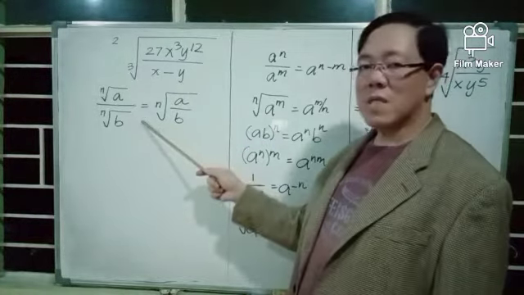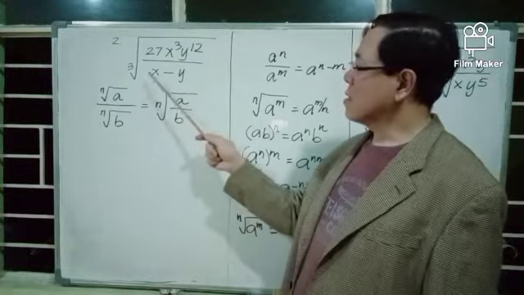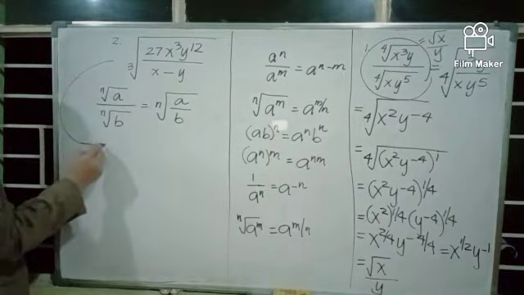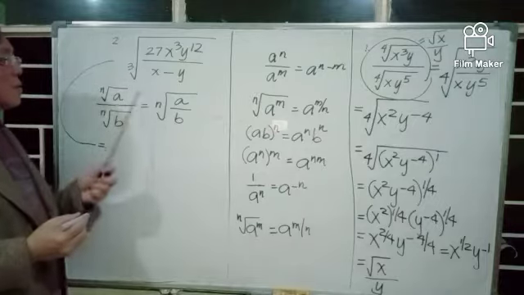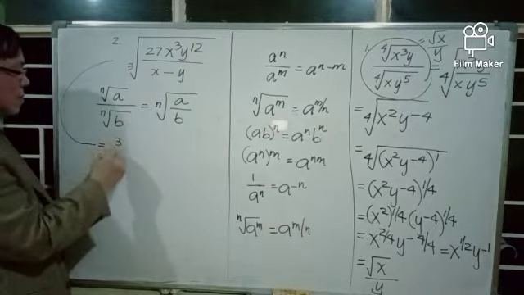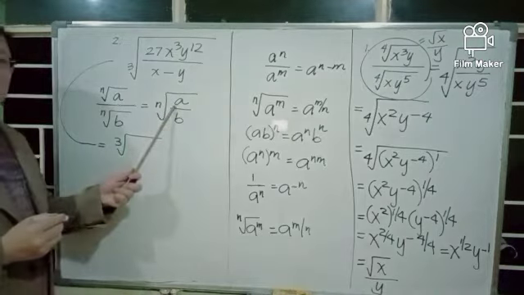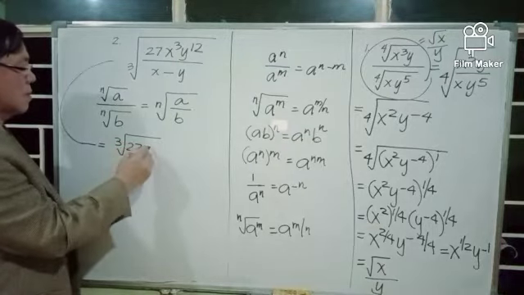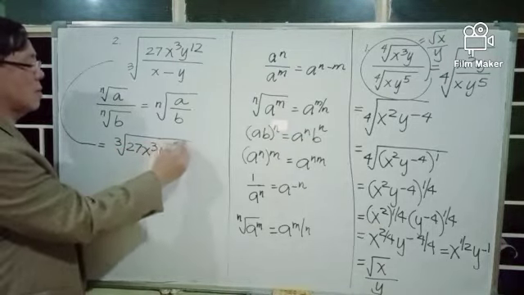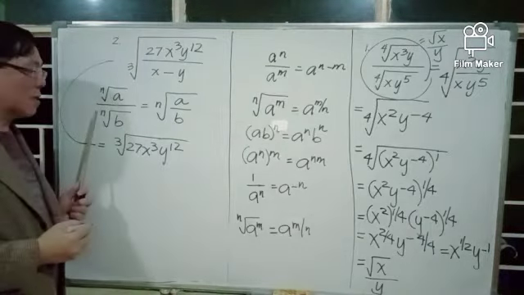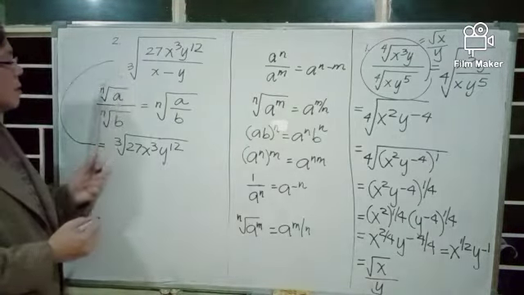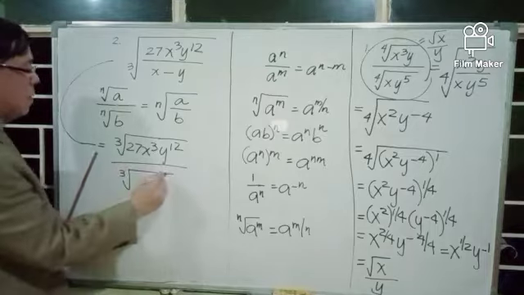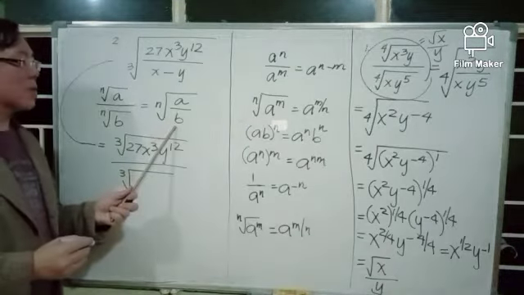Hence, by this property of radical, the given expression is now equal to the cube root of the numerator 27x cubed y 12 divided by the cube root, n is 3, cube root of the denominator, b.